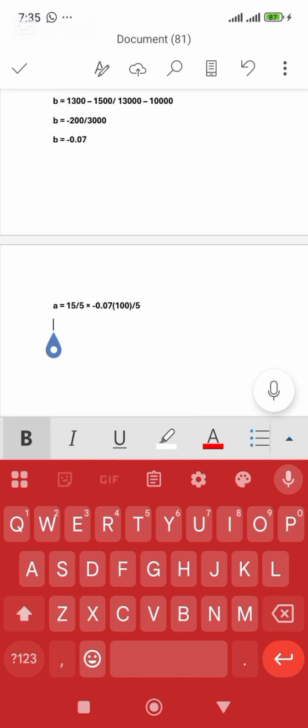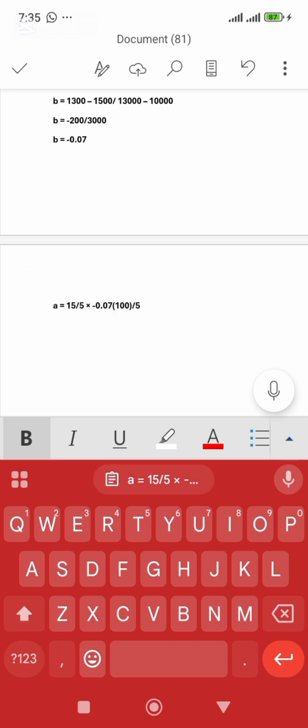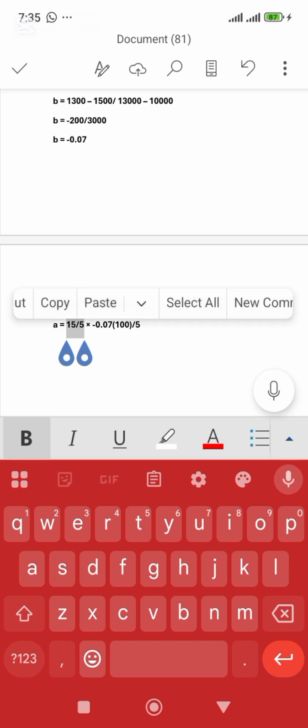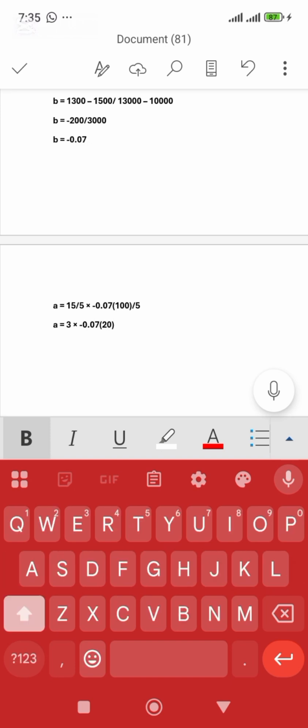So we continue. I don't want to be stressing myself, so I'll just be changing things. 15 divided by 5 we know is 3, so we'll put 3. Then we know 0.07, we'll leave it first. 100 divided by 5, we know that it will give us 20. So we're going to change that to 20 times 0.07.